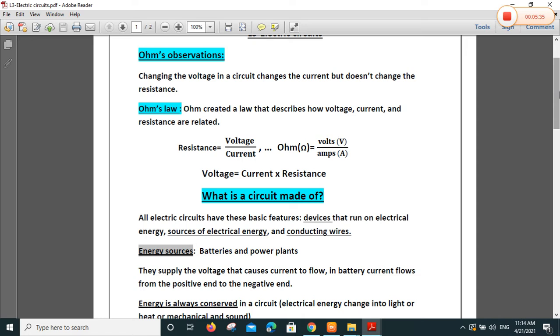We mentioned before, in the first lesson on static electricity and electric charges, the positive pole, where the charges move outward, and the negative pole, where the charges move toward the negative. So during current flow in a battery, current flows from the positive outward toward the negative.